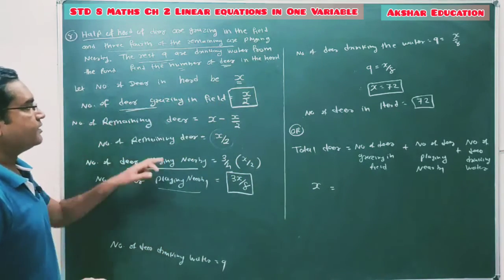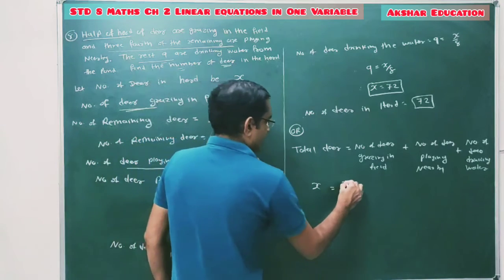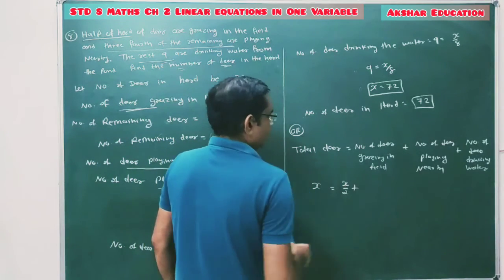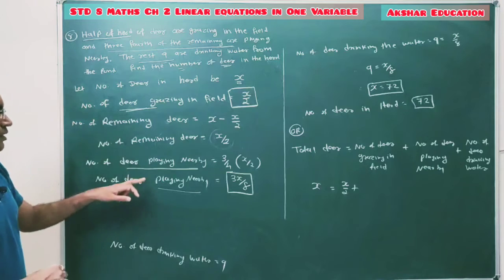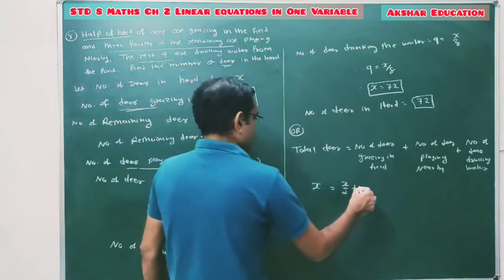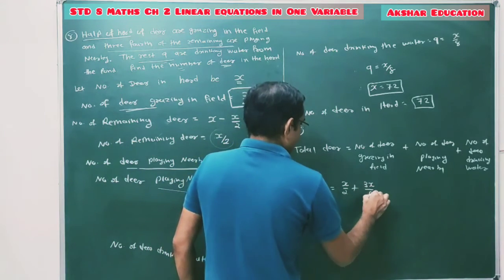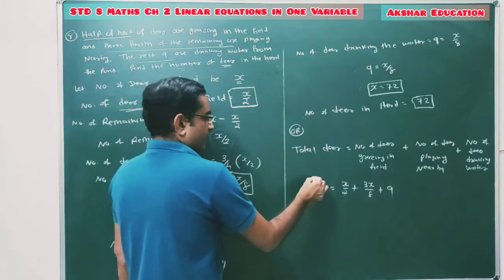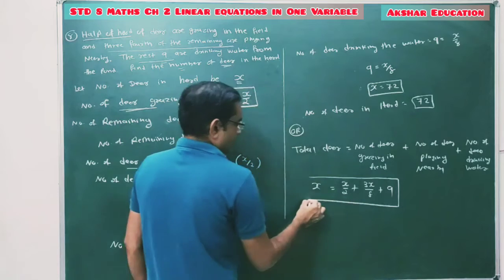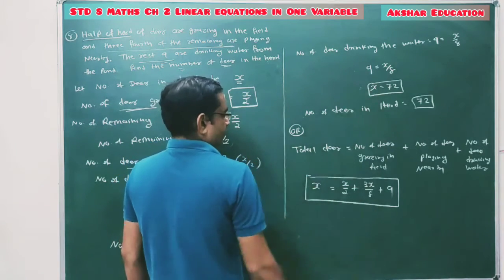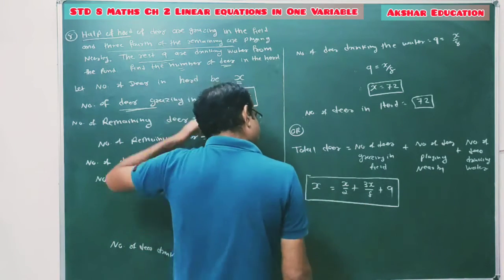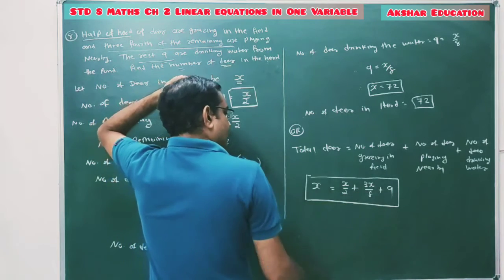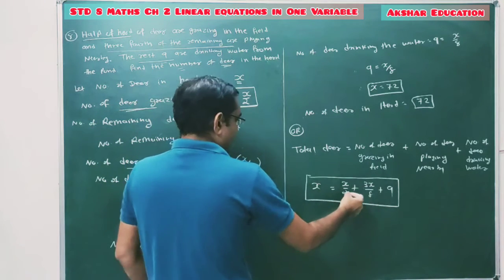So the number of deer grazing in the field is x/2. So x equals x/2 plus number of deer playing nearby, that is 3x/8, and the remaining deer drinking the water are equal to 9. So we are getting one equation. Solve this equation, we are getting x equal to 72. Here 2 and 8, the LCM is 8. Multiply this equation on both sides by 8.